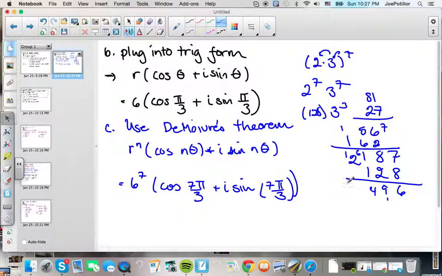Carry the 1, 2 times 6 is 12, plus 1. So I'm going to go ahead and cheat.